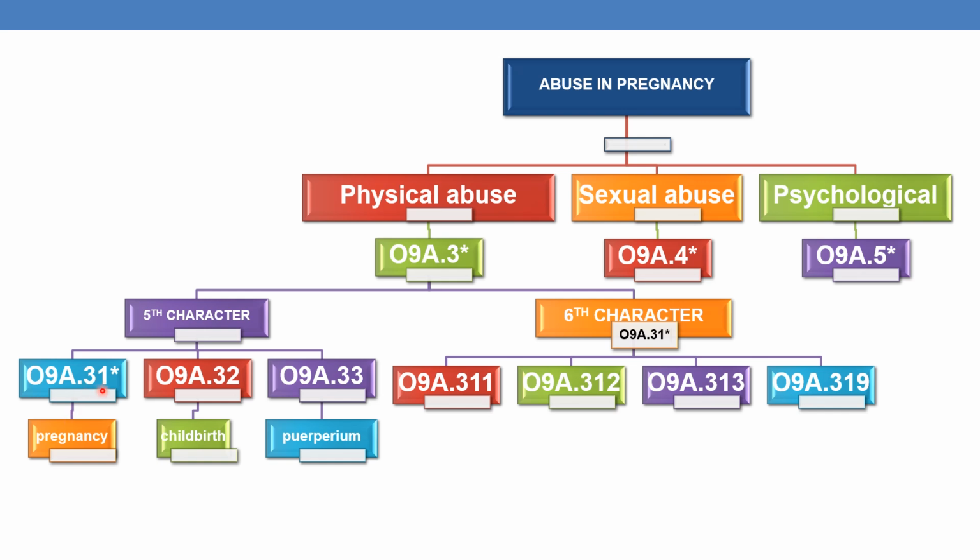In O9A.31, the fifth character 1 indicates pregnancy. This is further expandable. And fifth character 2 indicates childbirth, whereas fifth character 3 indicates puerperium. Now the sixth character indicates the trimester. Sixth character 1 indicates first trimester, 2 indicates second trimester, 3 indicates third trimester and 9 indicates unspecified trimester. This is common for O9A.4 and 5 also.